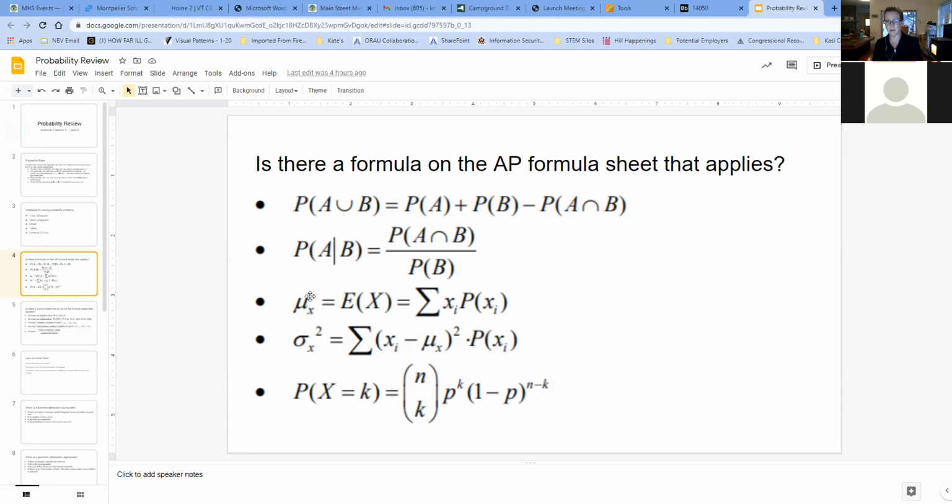This is talking about expected value, where maybe you have a probability distribution with the x values on the top and the probabilities on the bottom, and you want to know the expected value of something. You multiply the x times the probability for each one of those and then add up the pieces. So that's what this is saying. This has to do with variance.